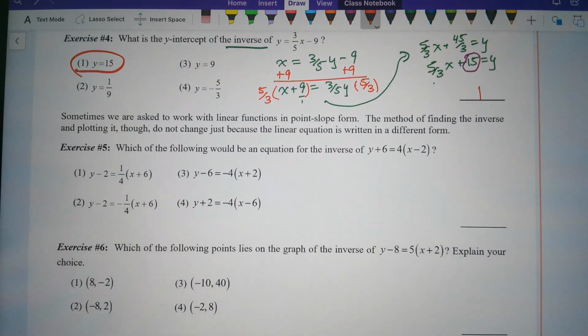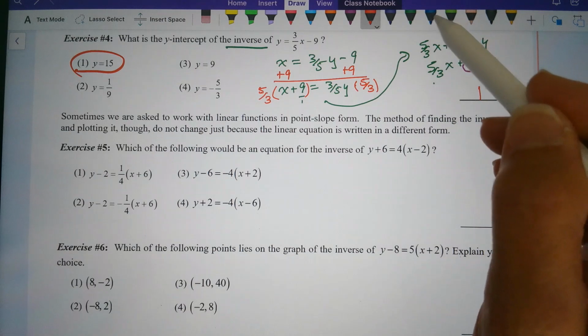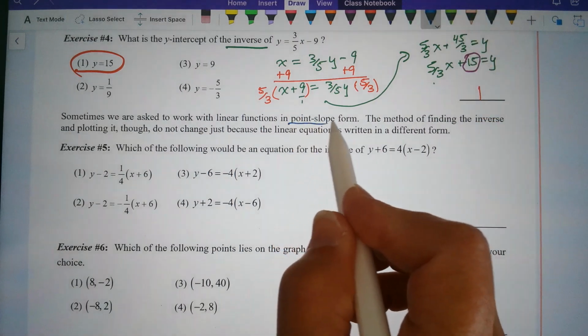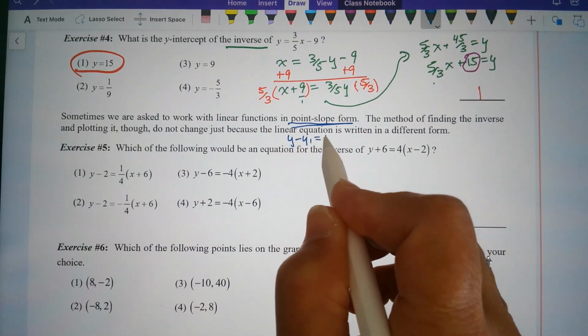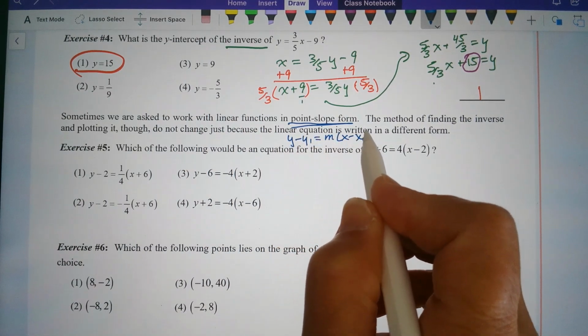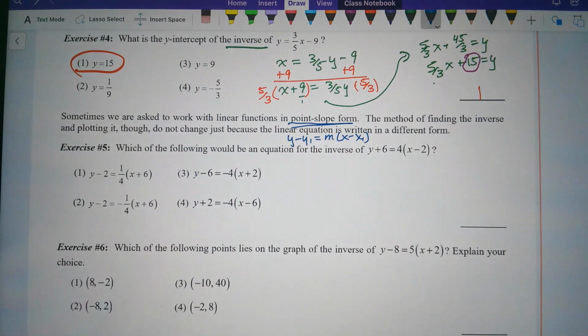Sometimes we're asked to work with linear functions in point-slope form. Okay, so remember what point-slope form looks like, right? Point-slope form is y minus y sub 1 equals m times x minus x sub 1. The method of finding the inverse and plotting it does not change just because the linear equation is written in a different form.